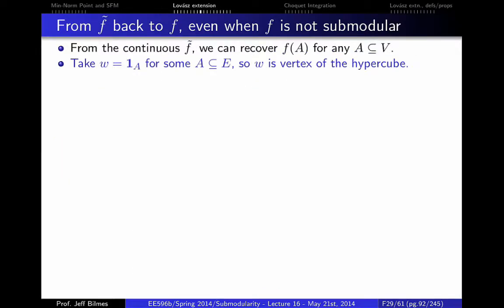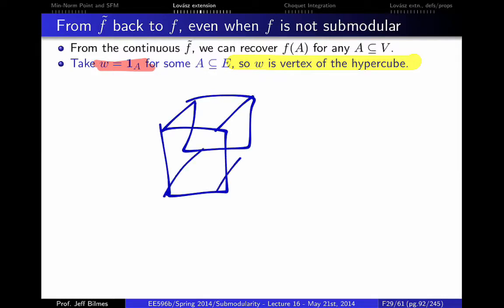So in order to do that, we take w equal to 1a, right? And so that means that w is a vertex of the hypercube. Everybody see that? If we take a characteristic vector, as we said before, in a hypercube basically every one of these vertices is going to be like 1, 1, 0 or something, right?